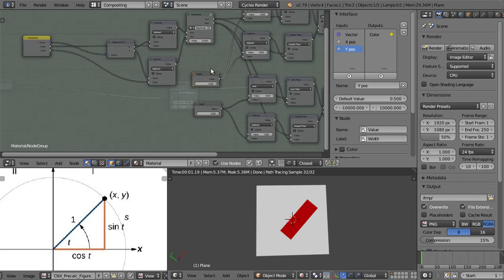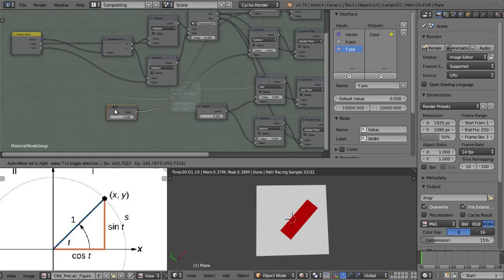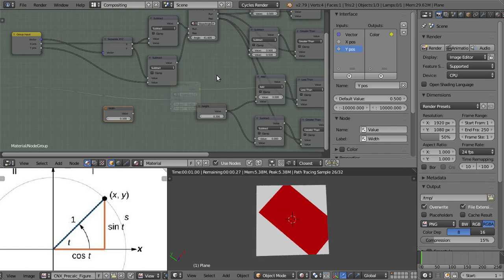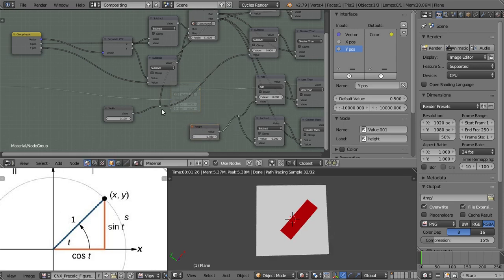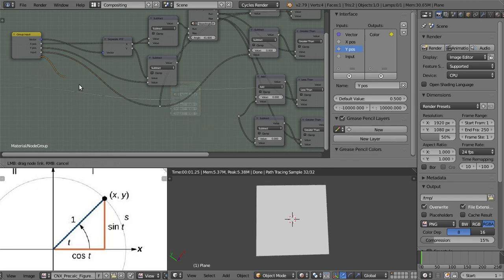So how do we do that? Oh, I guess we can, oh, not like that, like this. There. So this will be width. Let's be weird. Let's be there. And height.